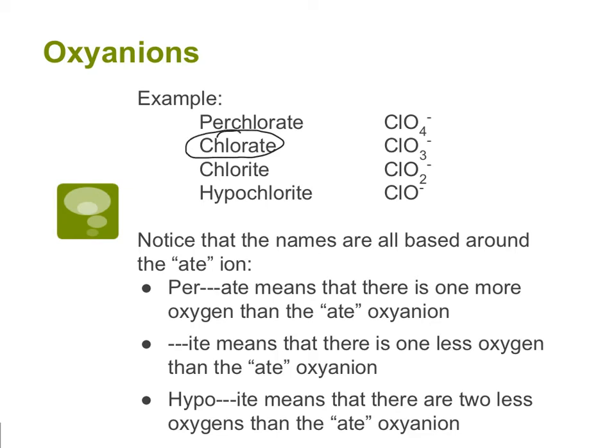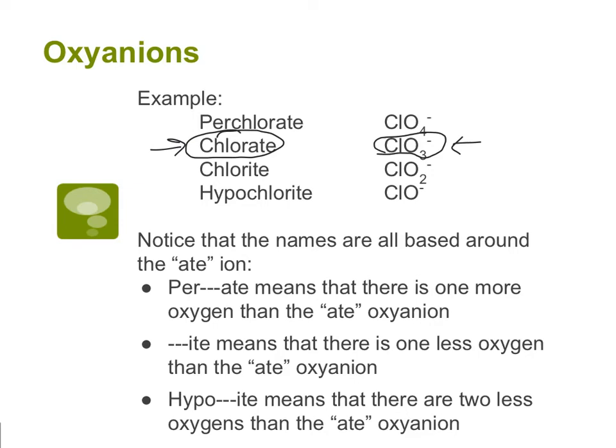So for example, if we look at chlorate, we know that it has a formula of ClO3 and a 1 negative charge, or a -1 valence. Now, its related oxyanions are based on either adding or taking away oxygens from this main polyatomic ion.